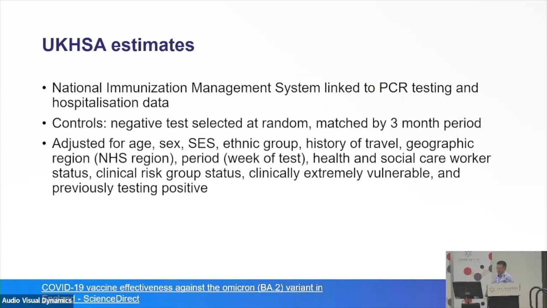The UK Health Security Agency have done this very well. They've used a test-negative case control design with a negative test selected at random, and then adjusting for that long list of factors that you note there, and particularly things like those who are clinically vulnerable and healthcare workers and clinical risk group is obviously quite a powerful tool.